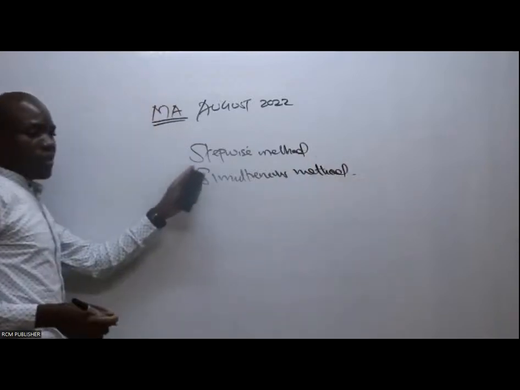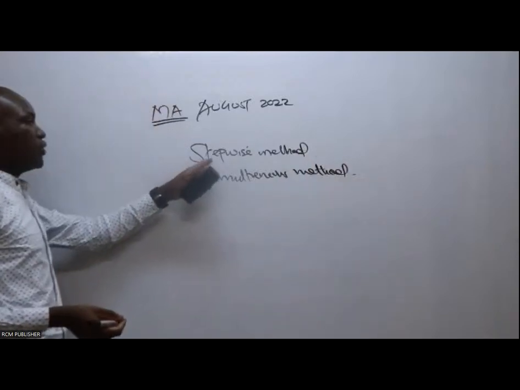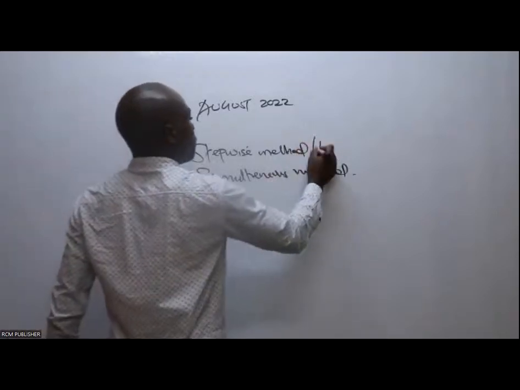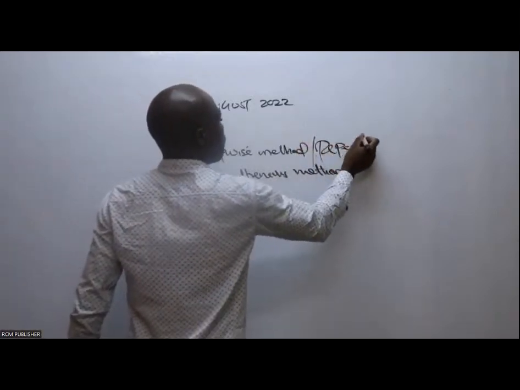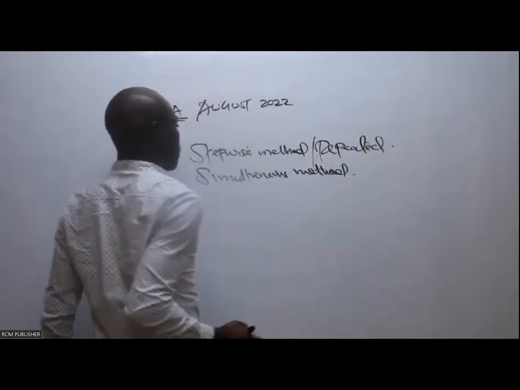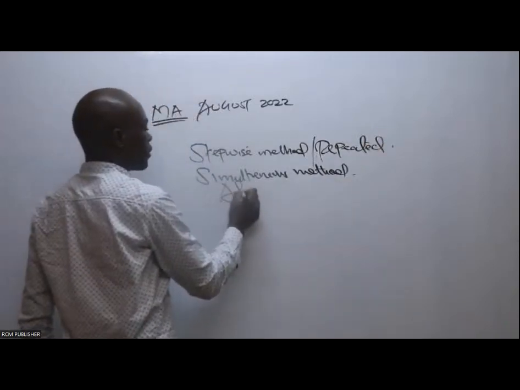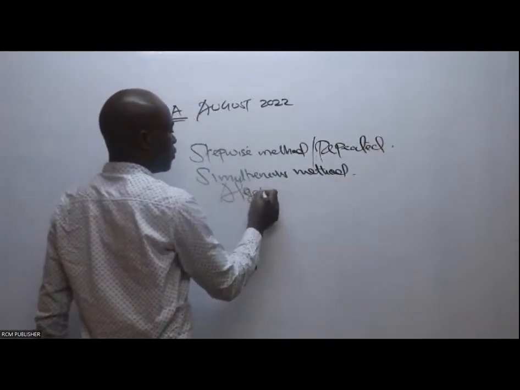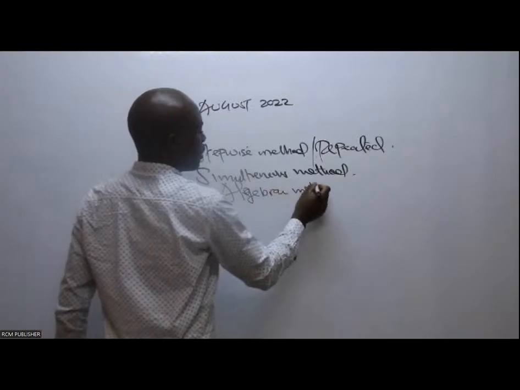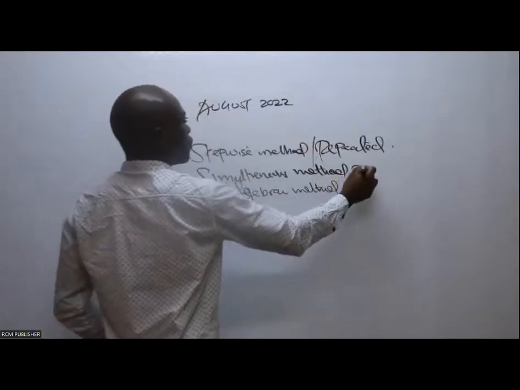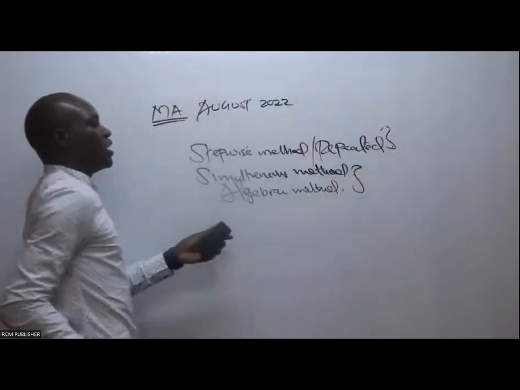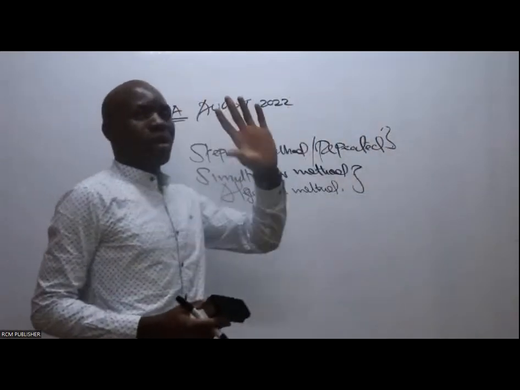These two we covered last week, how to do it using stepwise. Stepwise is the repeated. Simultaneous is the algebraic method. So once you do all that, you'll be able to remain with the production departments.